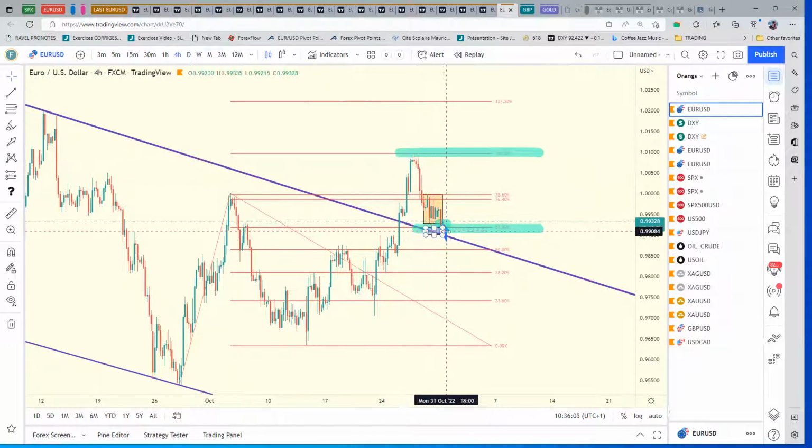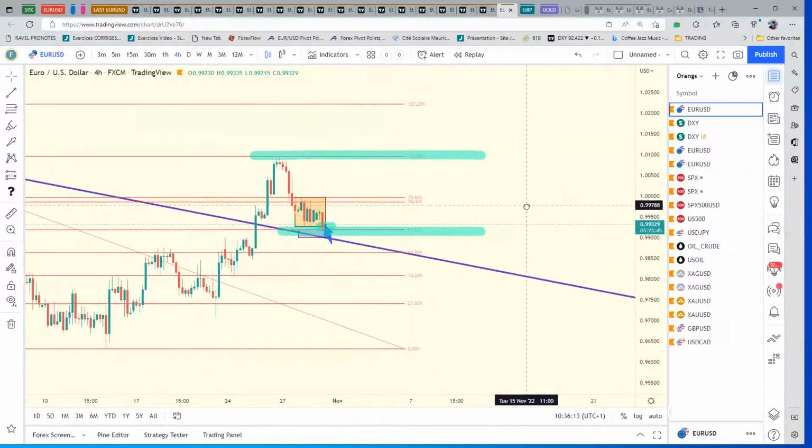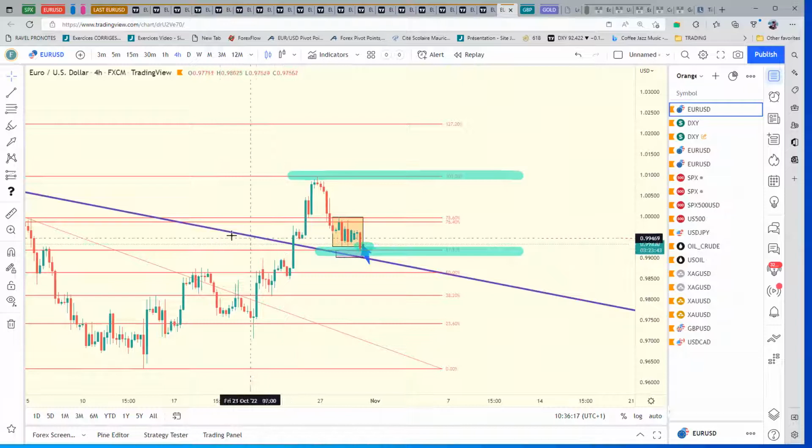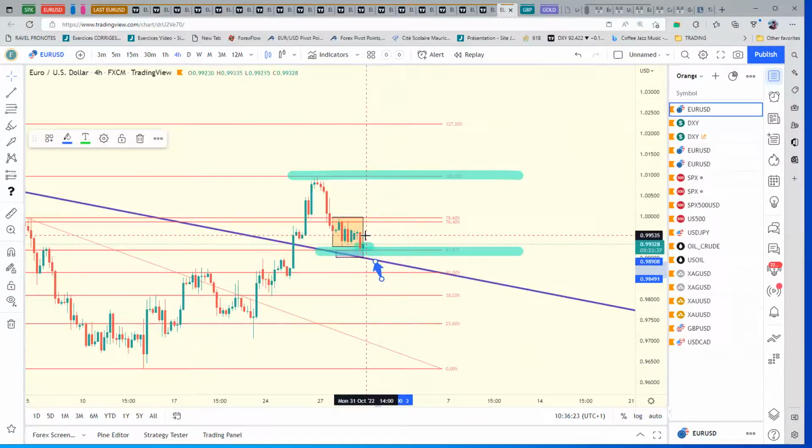Then we pull back to the 61.8 and we bounce on many occasions from this one, the 50% or the 38.2. So we are arriving in the area where we should bounce. And the other important thing is we have this fib there. So it means we could well just spike under the 61.8 and bounce from it.